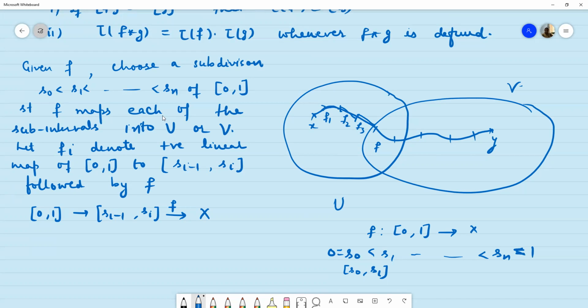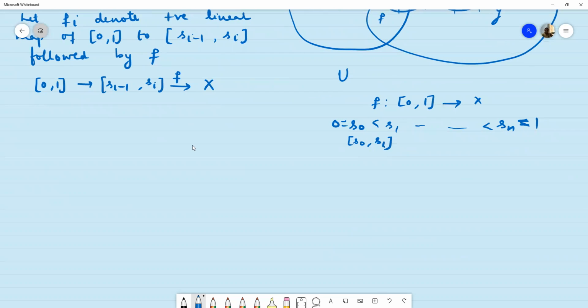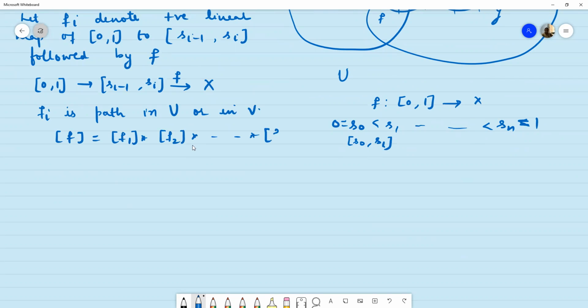Then, because of our choice of this subdivision, each fi is a path either in U or in V. And second, the path f will be just f1 * f2 * ... * fn.